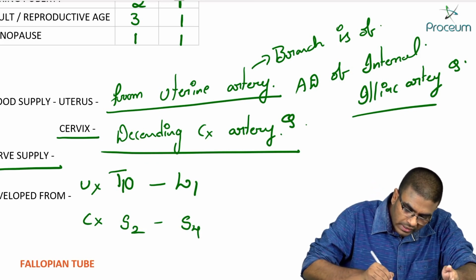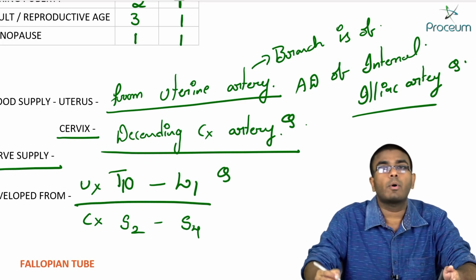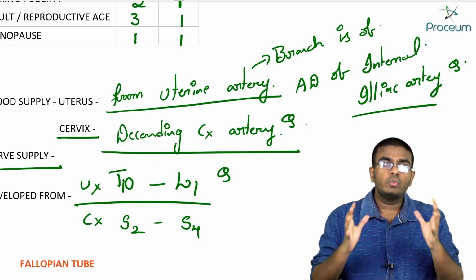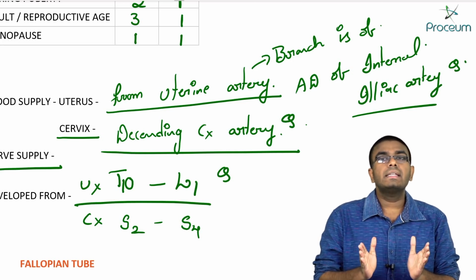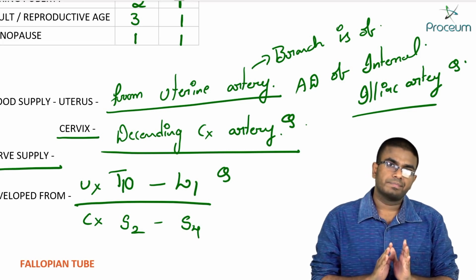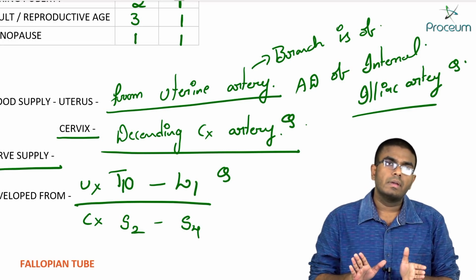Now what is the important MCQ related point you should keep in mind? Remember, the uterine body gets its nerve supply from T10 to L1 spinal nerves.